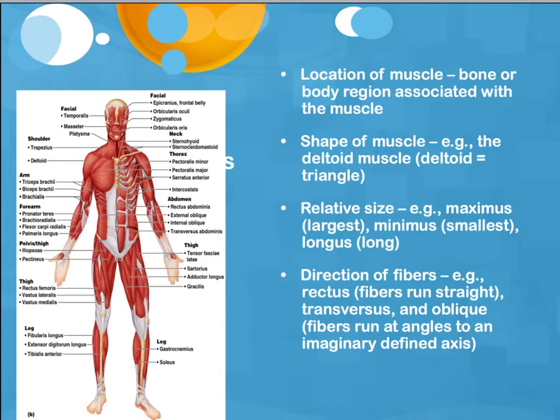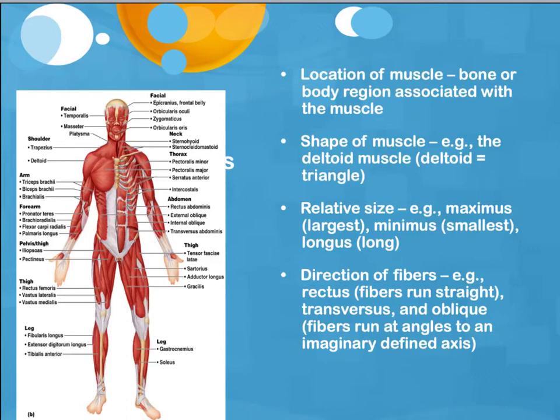So, learning the names of all the muscles can be very complicated, but if you start to learn why they're called those names, it starts to make a little bit more sense. So they're named usually because of the location where they are. So you'll usually see names like the brachii in the arm, which are all kind of the same. They're named for the shape of the muscle.